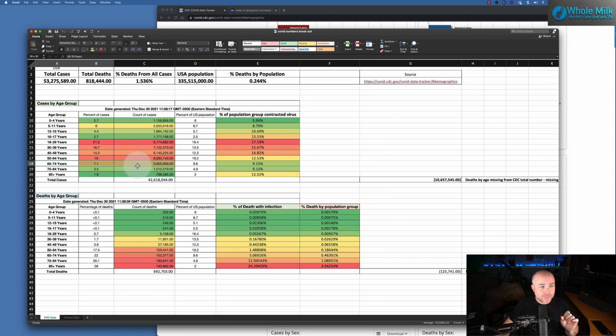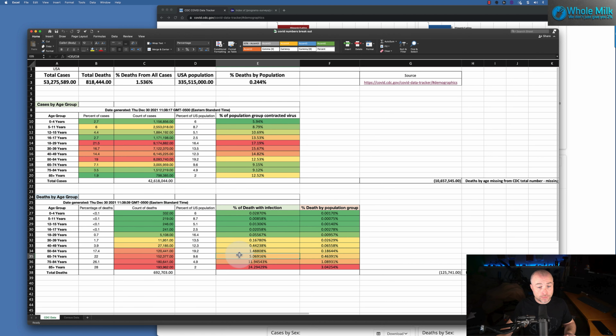So if you look at that 65 age range, 9% of the population contracted COVID. For instance, 65 to 74, 9.1%, 9.2% of the entire age group contracted COVID. And out of that 9% that contracted it, you have a 5% chance of dying from it. Okay, that's interesting to me.